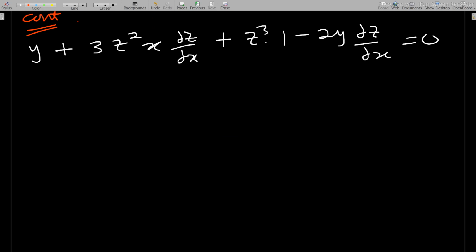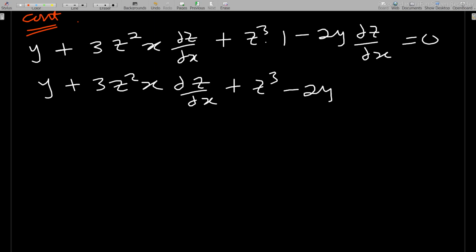Okay, so very simple like that. I have to just simplify it further, then plus 3z squared x, or you can put x first, del z del x here, then plus z cube minus 2y del z del x should be equal to 0.